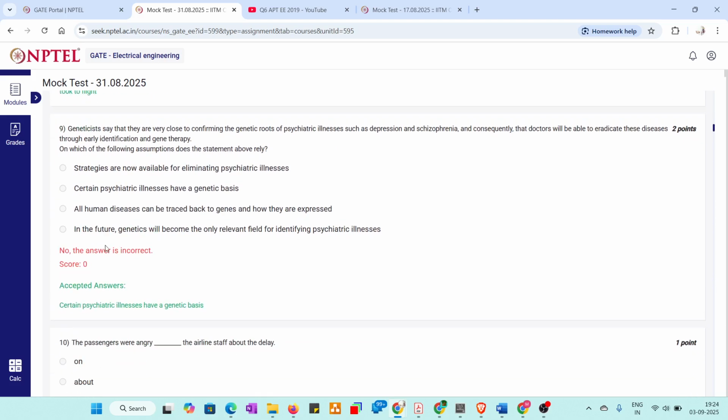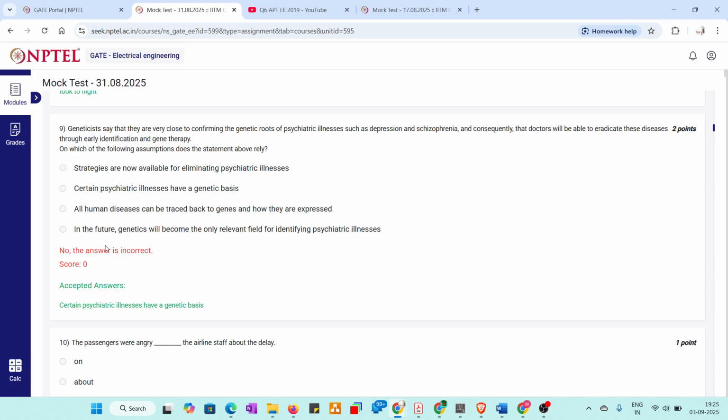Genetics tries to confirm the genetic roots of psychiatric illness such as depression, and consequently the doctor will also be able to eradicate these diseases through early identification and gene therapy. Okay, on which of the following assumptions does the statement above rely? So we need to find it based on the statements.